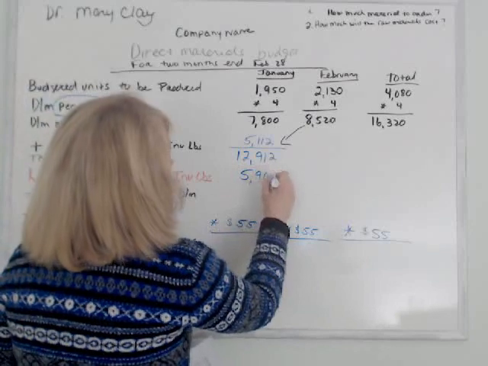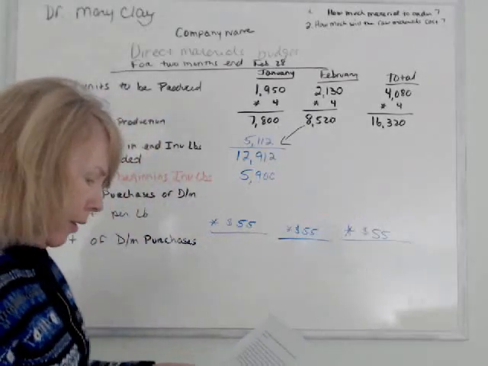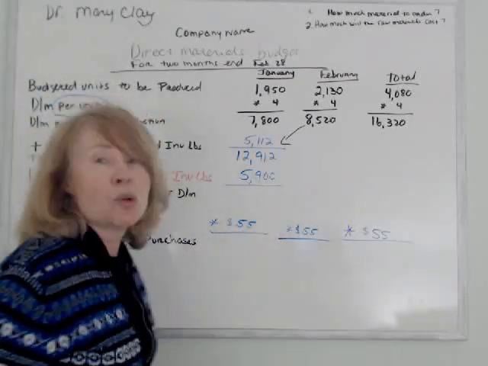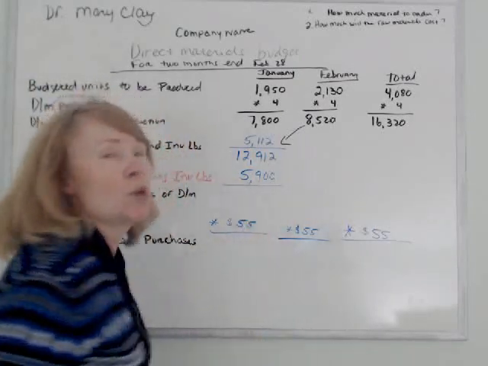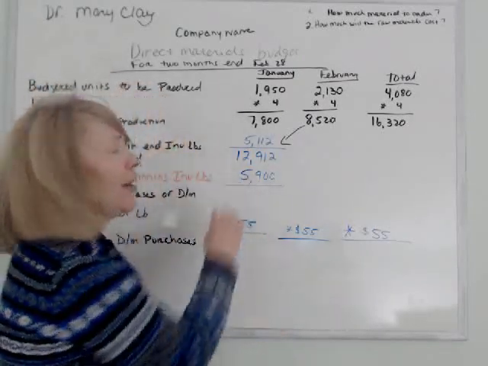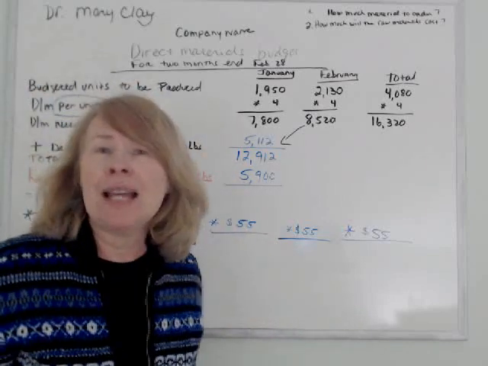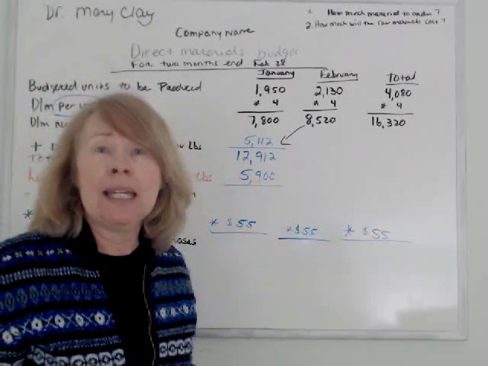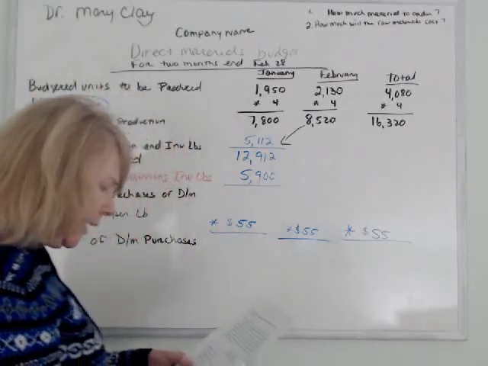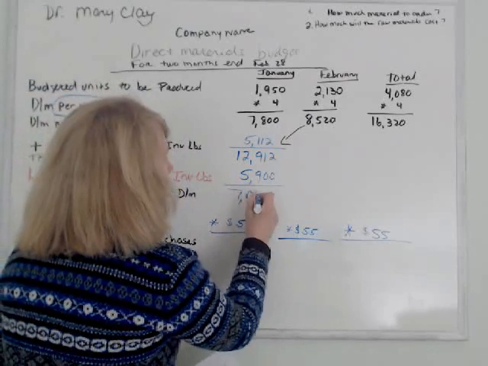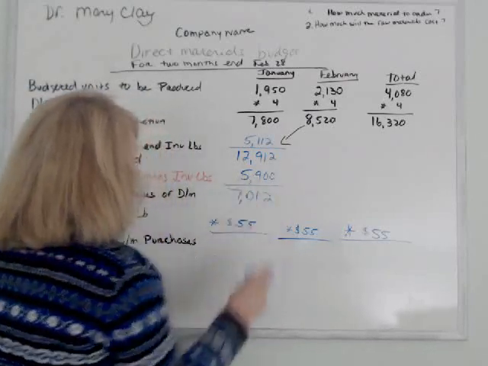So I'm going to subtract that. Be careful. Why? Well, I thought I needed 12,912, but I already had 5,900 in beginning inventory. So I only need to order 7,012. Make sure you subtract that.